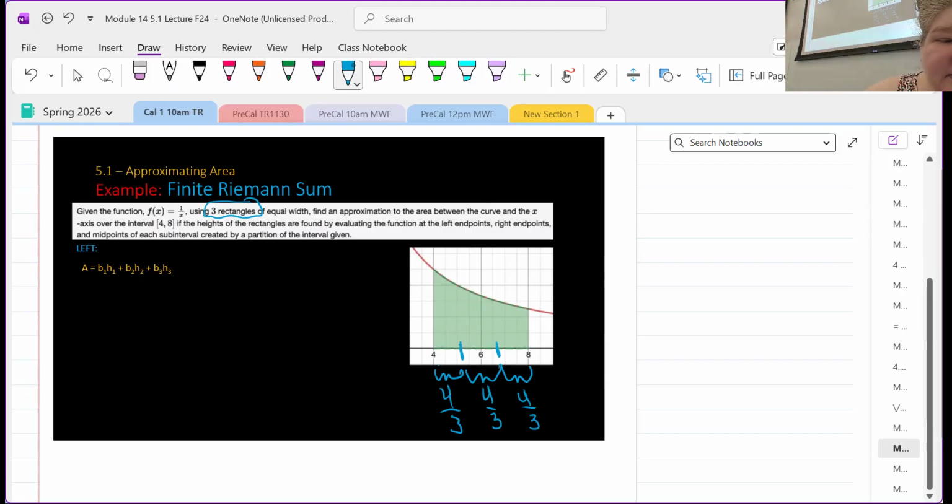Now it said left endpoints. So I need to know my function value on the left here. Then I need to know my function value here. And then here.